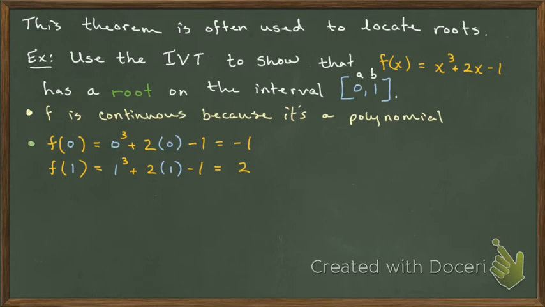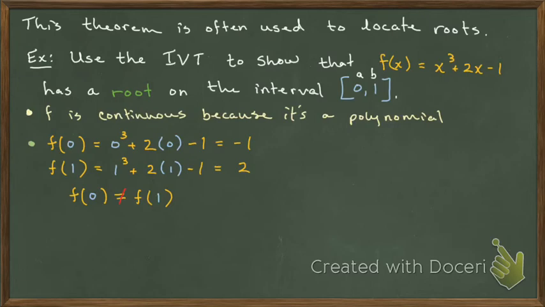So we notice some specific things about these two values, but the first is that they're different. f of 0 and f of 1 are not the same. That's good, so I'm still under the criteria to apply the theorem. Since my function is continuous and the endpoints are not the same, when I plug in the endpoints I don't get the same value.